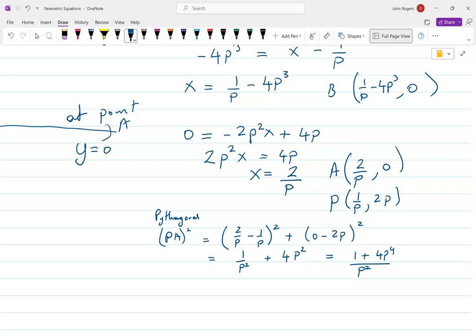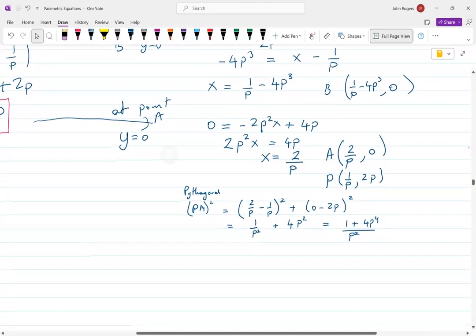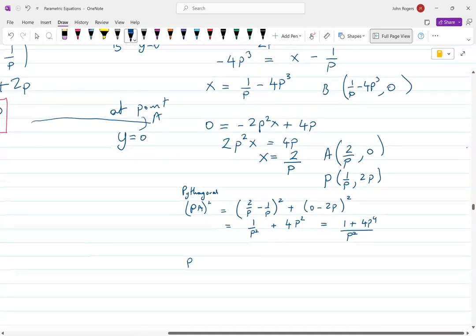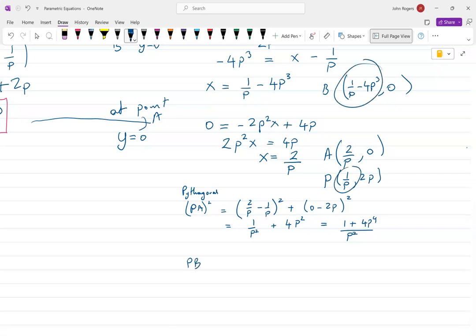Okay, so then we can do the same thing on B. That's the difference in the x coordinate of those two. So PB squared is equal to 1 over p minus 4p cubed, take away 1 over p squared, plus the difference in the y coordinates, which again, it's the same point P, it's going to the x-axis, so that's 2p squared.